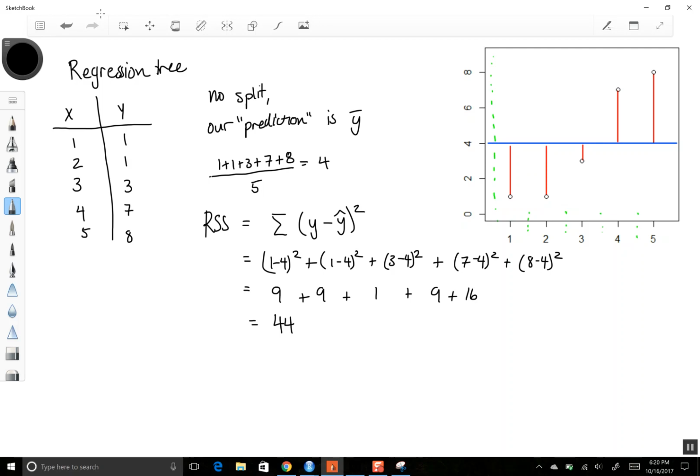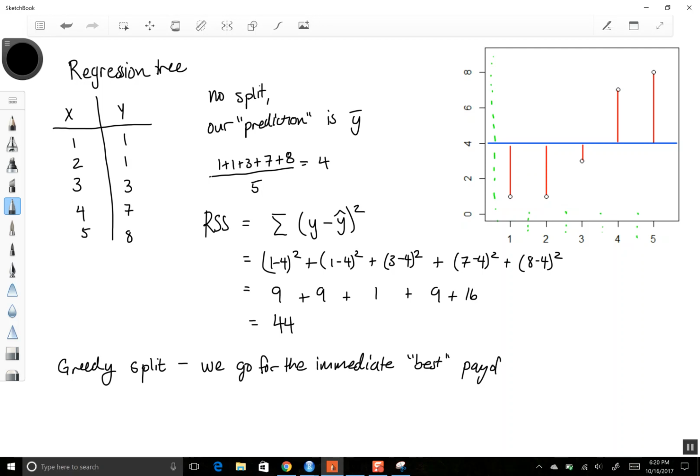So it's a greedy split. We go for the immediate quote best payoff.